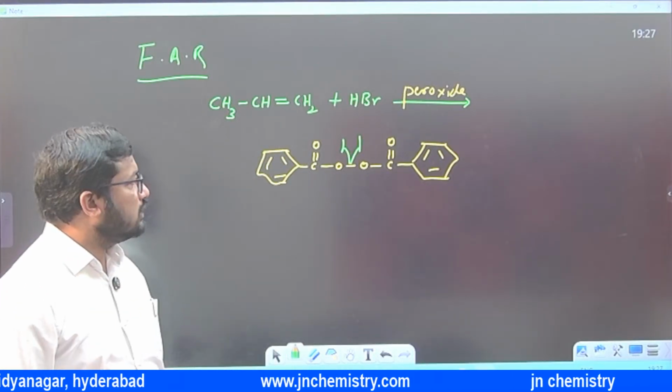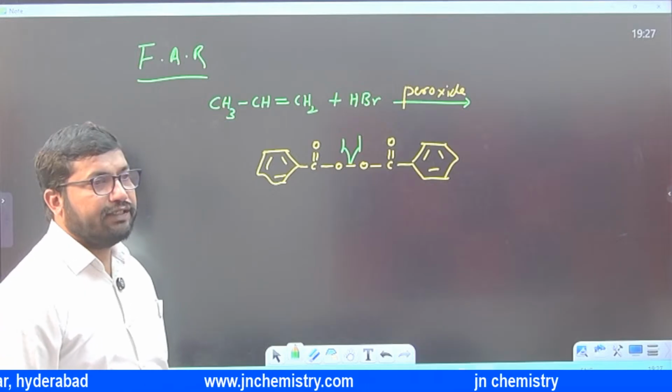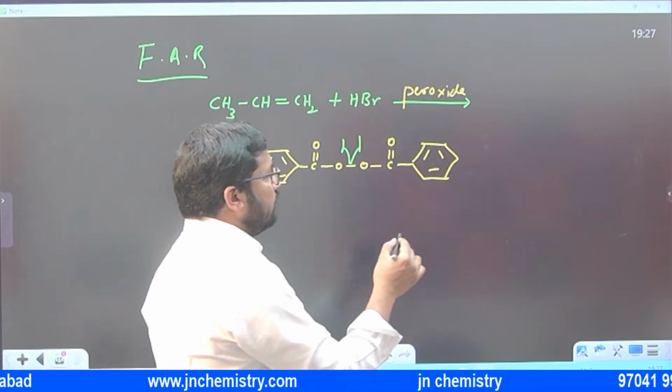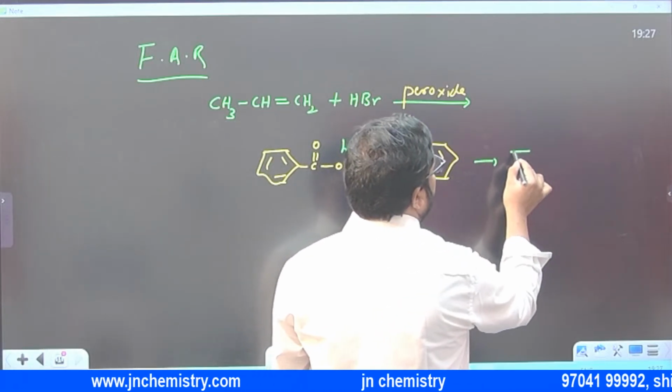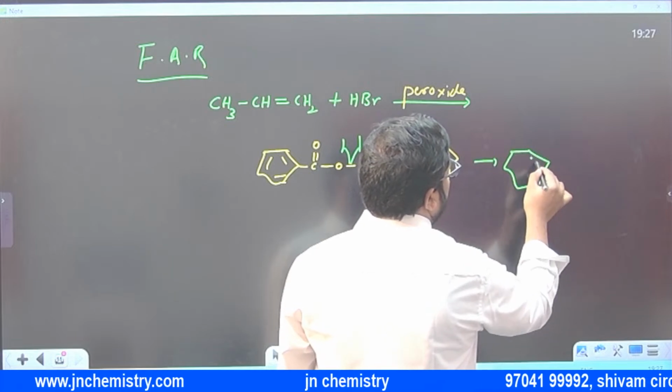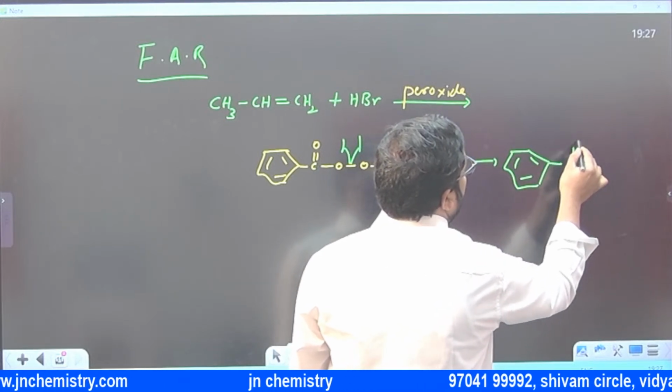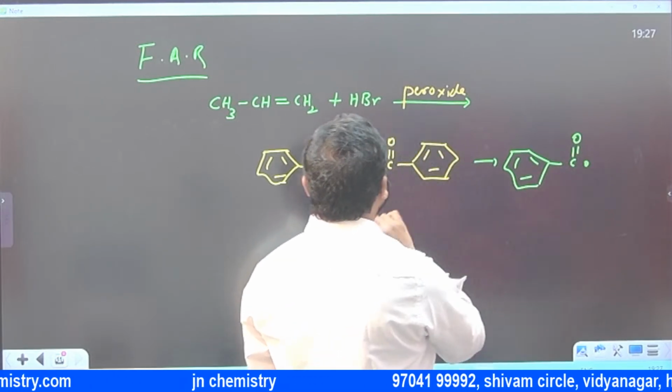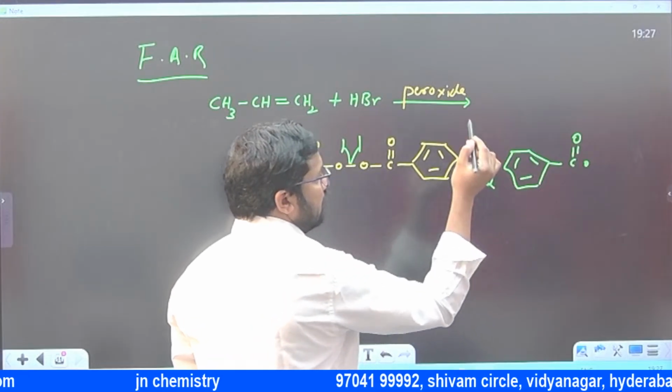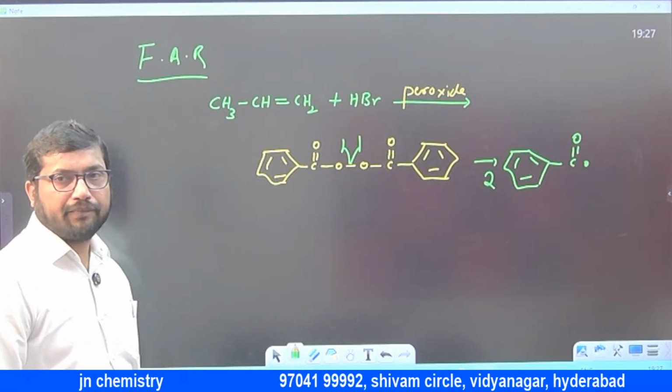Homolytic cleavage means what will we get? C double bond O radical, 2 moles. That is the first step.